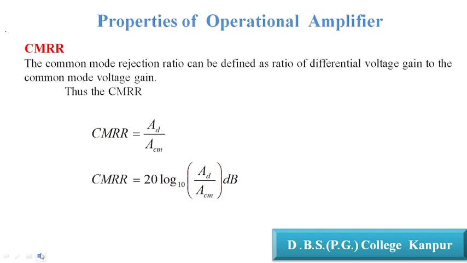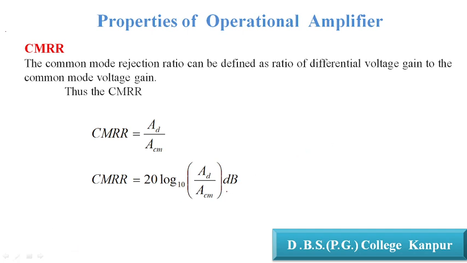If it is defined in decibels, it is 20 log base 10 of AD upon ACM in dB. dB means decibel. You very well know what a decibel is.